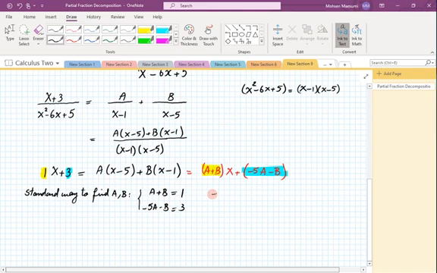On the left hand side I get minus 4A, B's cancel. On the right hand side I got 4, and I get lucky here that my A becomes an easy number. Well, A is minus 1. You can plug it into any of these equations and figure out what B is going to be. So A being minus 1 tells me that B has to be 2.